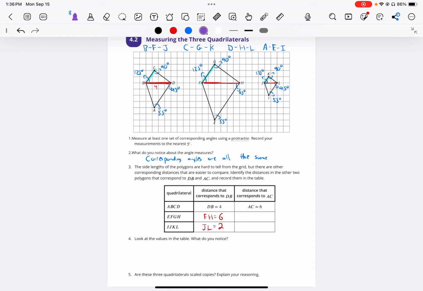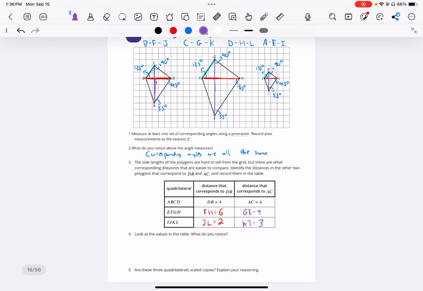Then we can also find the height of it using AC, which we determined was 6, and that corresponds to GE. So GE is 9, and it also corresponds to KI, which is 3.